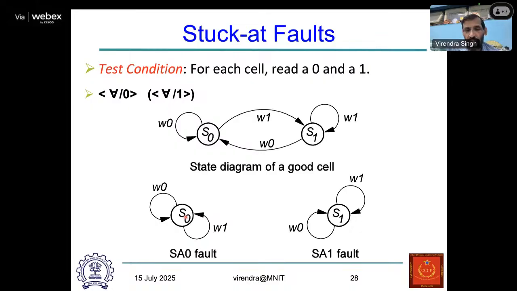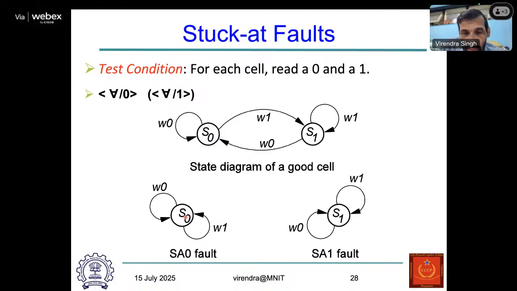In a similar way, you can obtain a test that can distinguish faulty and fault free output for stuck at 1. For stuck at 1, if I write 1 in a cell, both faulty and fault free cells will give me the same answer.